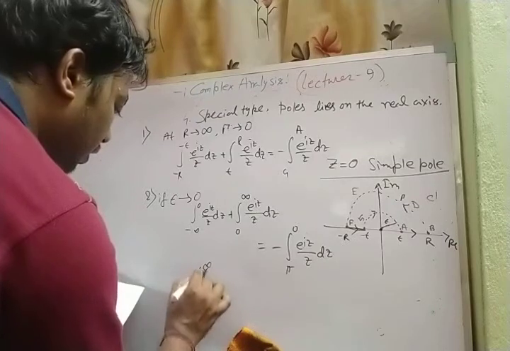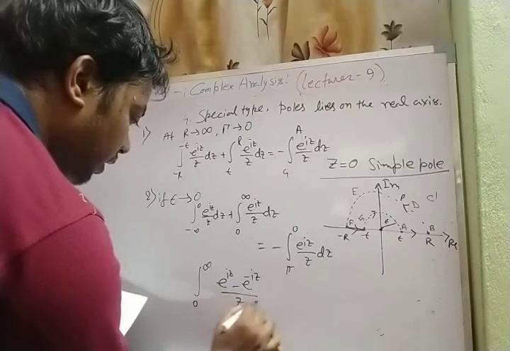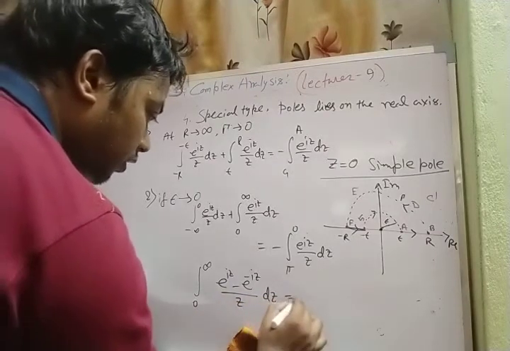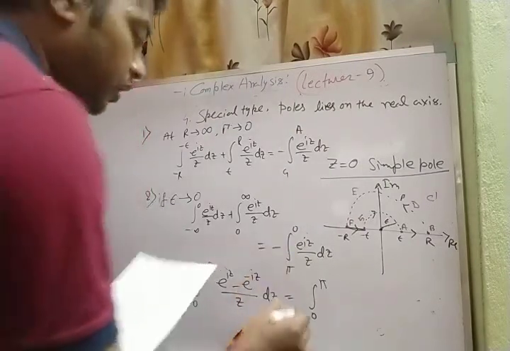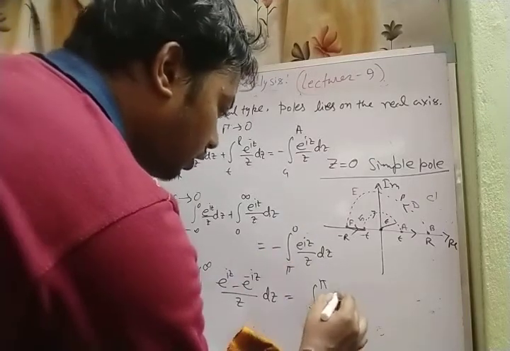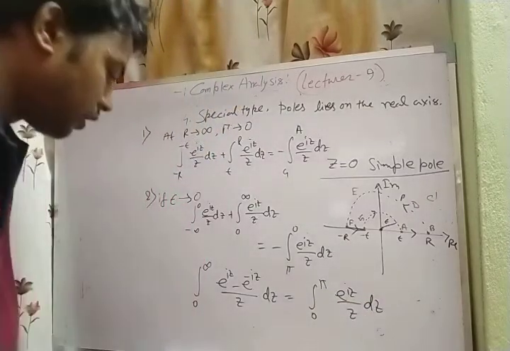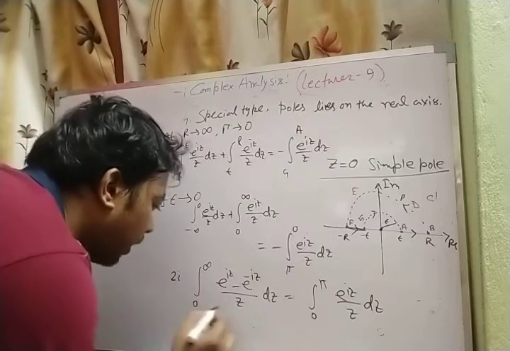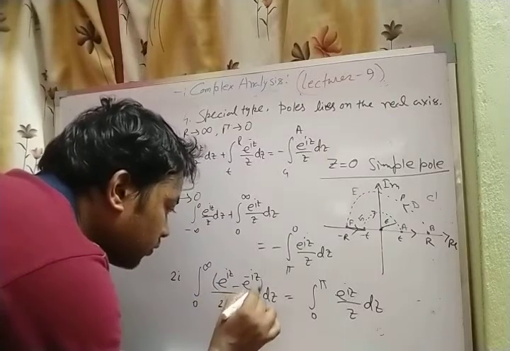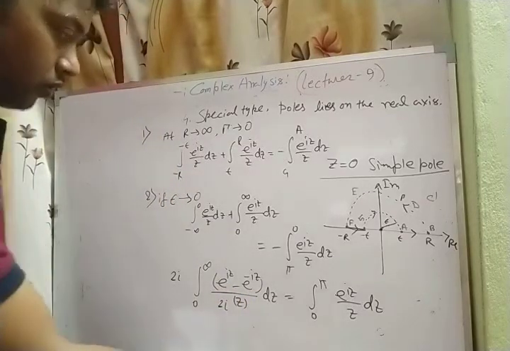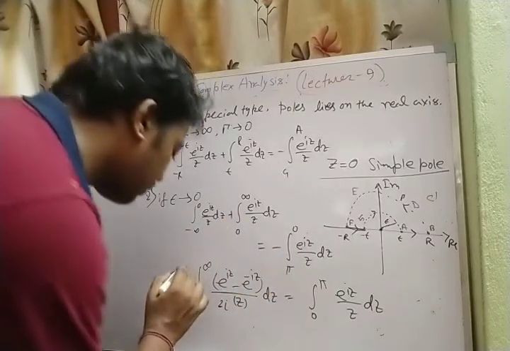This can be further written as the integral from 0 to infinity of e to the power iz minus e to the power minus iz by z dz, is equal to the integral from 0 to pi. Converting from 0 to pi, the minuses cancel out, e to the power iz by z dz. We are taking 2i common, so 2i is in the numerator. So we are getting the final integration is this.